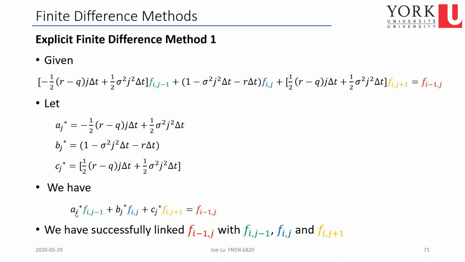Now, when you look at it, what do you link? You link f_ij minus 1, f_ij and f_ij plus 1. So they're all at i here, with f_i minus 1 j, which is towards the left of those numbers.